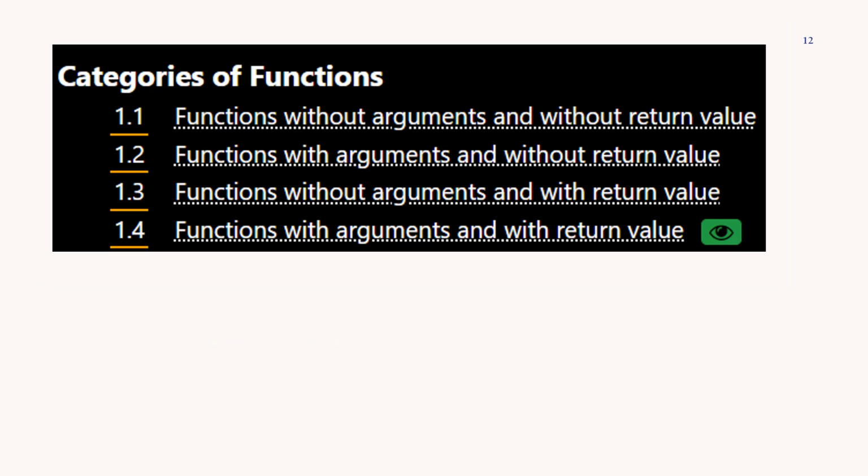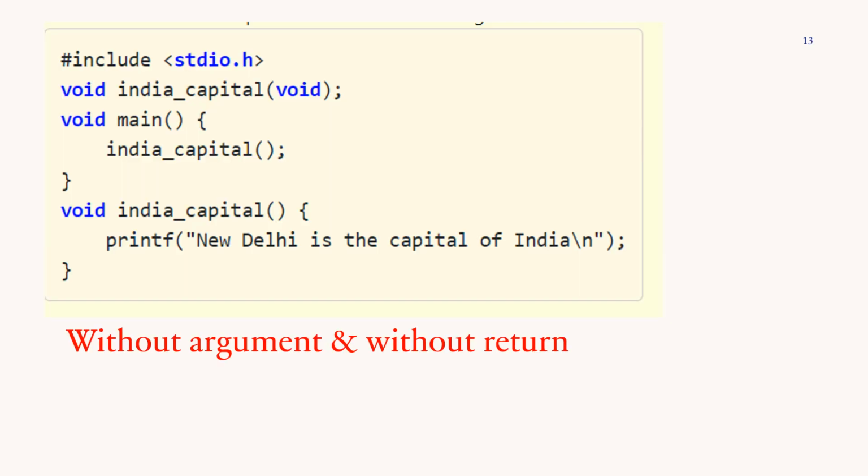There are four different categories of functions: the function without arguments and without return value, the function with arguments and without return, the function without arguments and with return, and the function with arguments and with return value. One by one with an example we will see. Here the first example: without argument and without return. Inside you can see we don't have the return, and we don't have arguments inside the brackets.